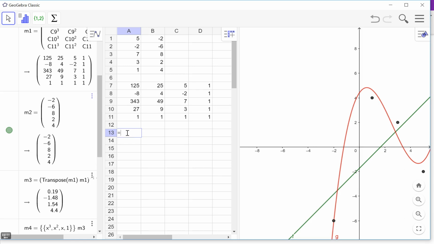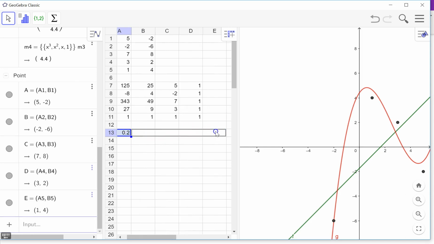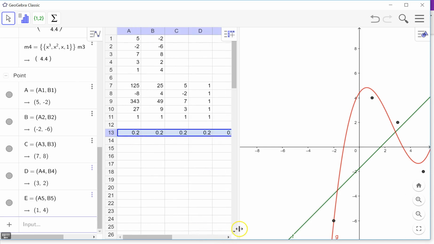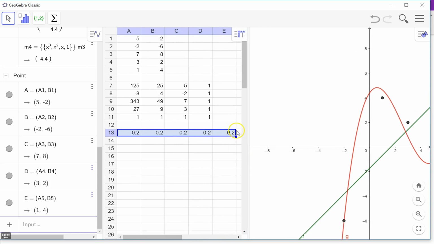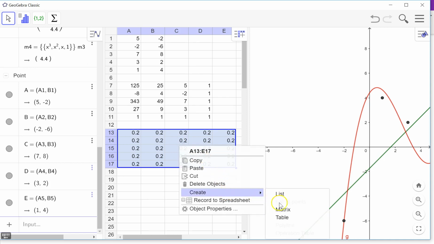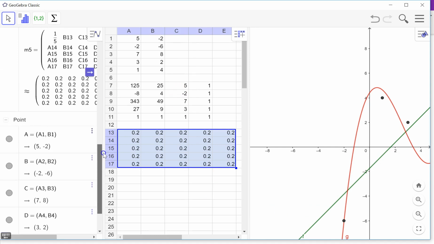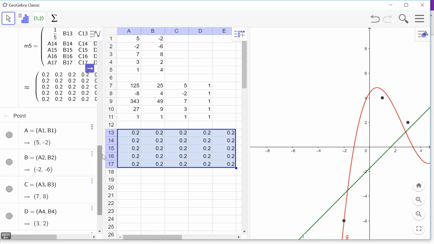Right? So I could just do 1/5 in each of these. So I'll just copy that across and copy that down. And then I'll create that matrix. And it has it as M5. I'm reading that right?